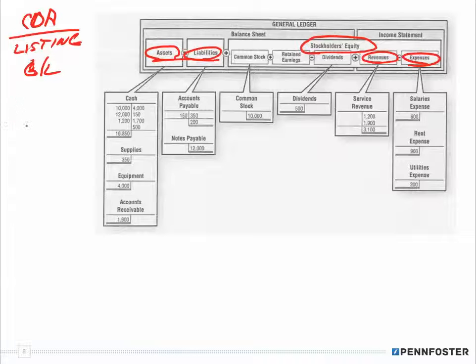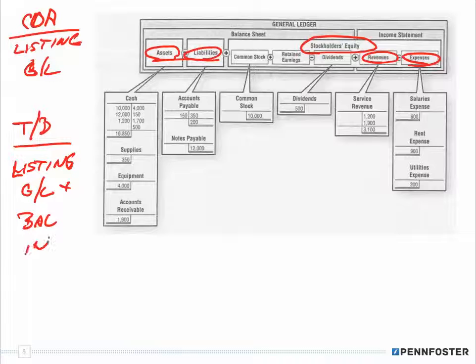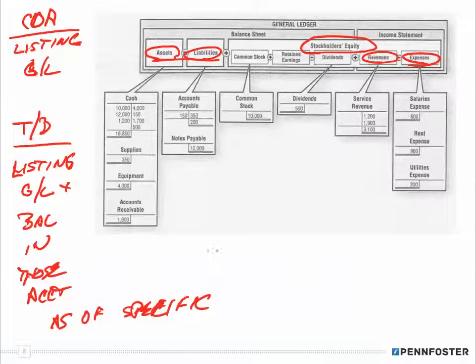And a trial balance is nothing more than a listing of the general ledger accounts plus the balances in those accounts as of a specific date, whatever that date is.